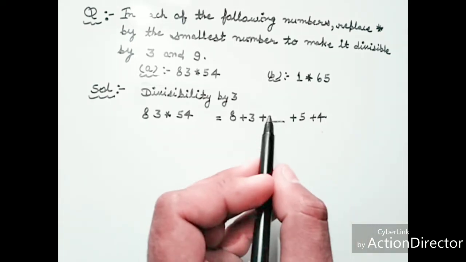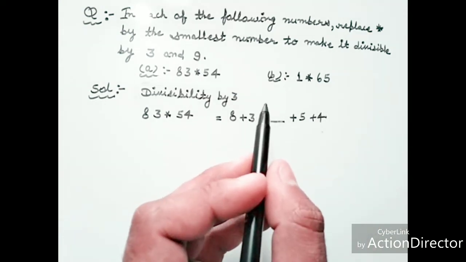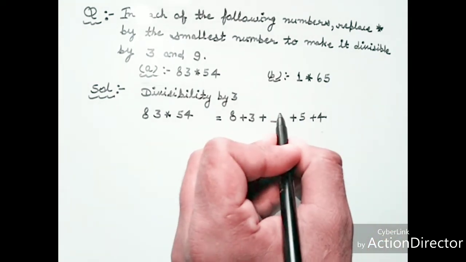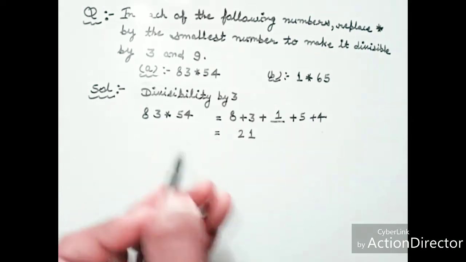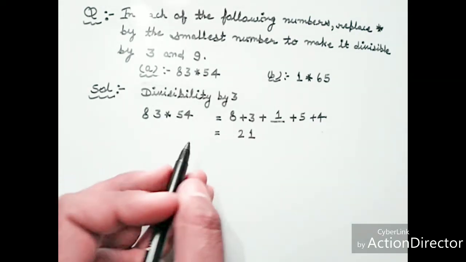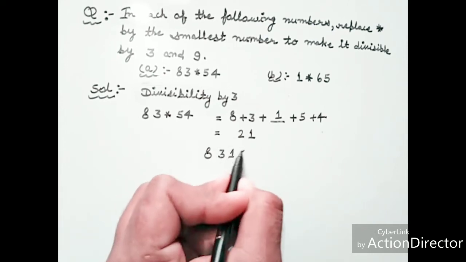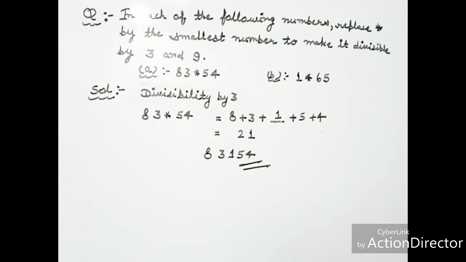So here 20 is not divisible by 3, but 3 sevens are 21, and 21 is divisible by 3. So here we write 1 and we get the sum 21. So here we write 83154, and the number 83,154 is divisible by 3.